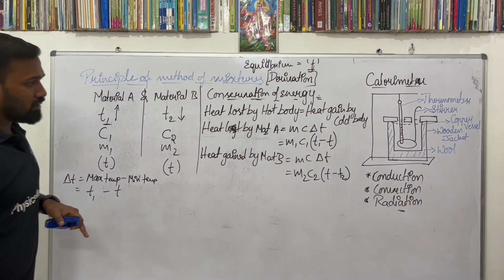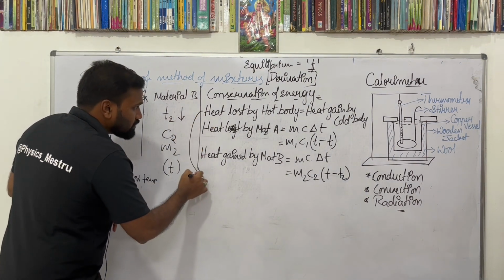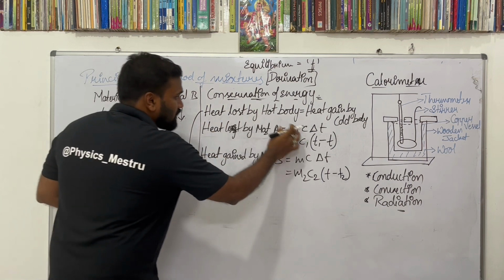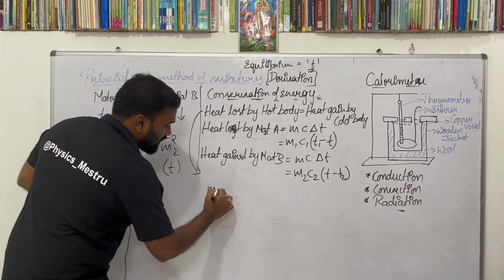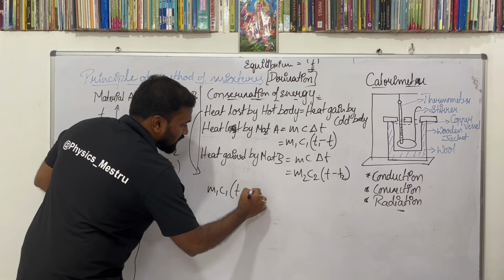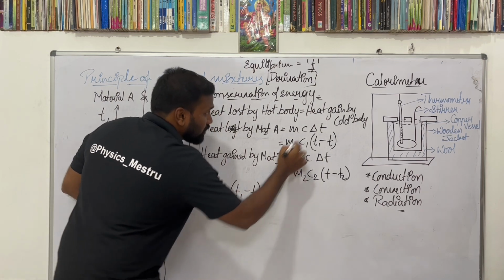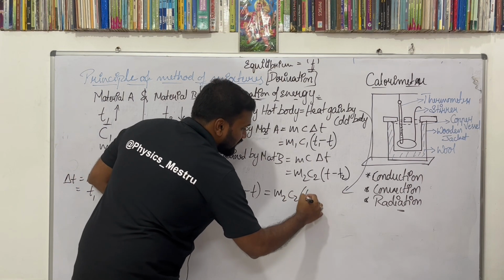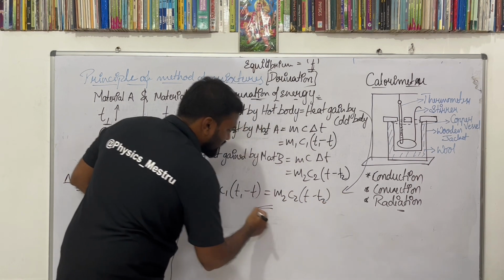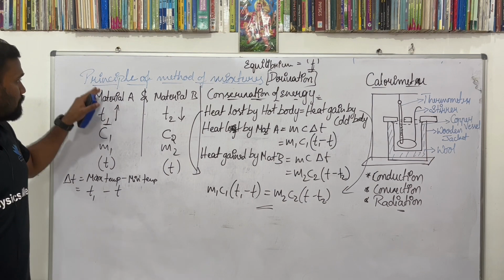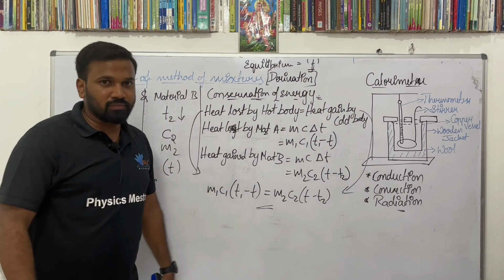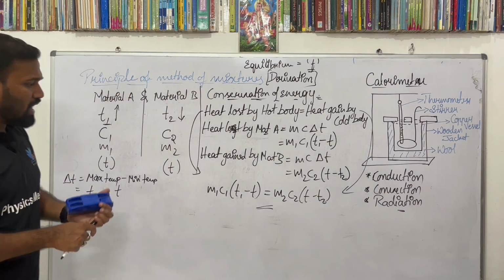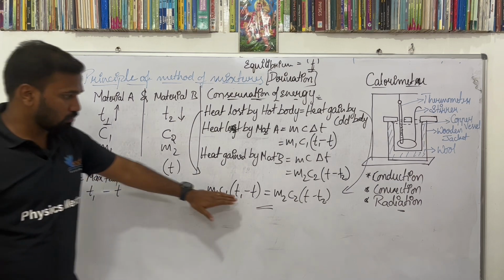Now if we substitute here, the heat lost by the hot body is M1 C1 (T1 minus T), which will be equal to M2 C2 (T minus T2). This is the equation for the principle of method of mixtures. It is very simple and we need to memorize this formula.